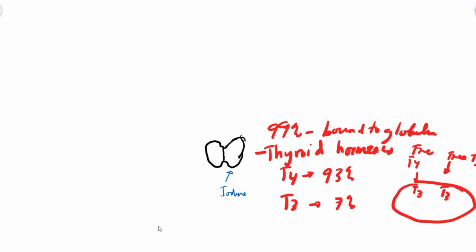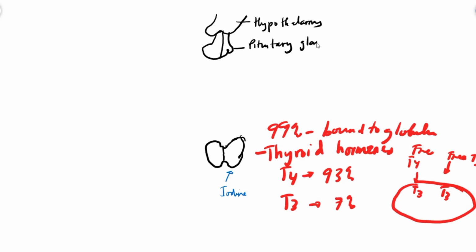Okay, let's go back to this one. If this is the hypothalamus, and this is the pituitary gland, the hypothalamus secretes what is called TRH, or thyrotropin releasing hormone.